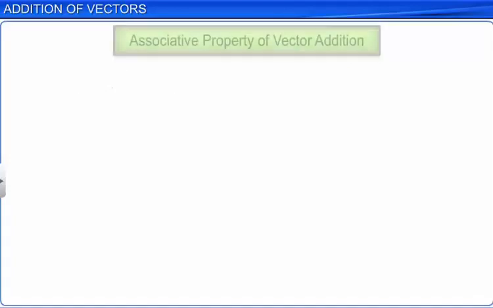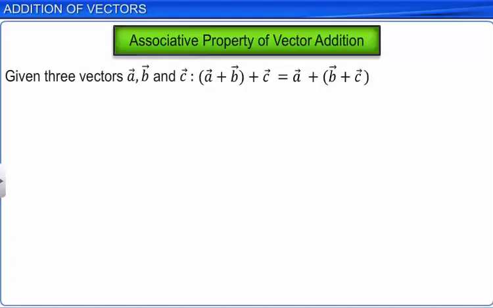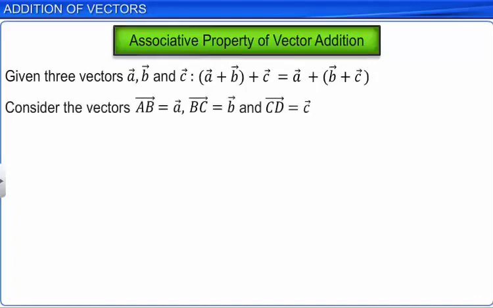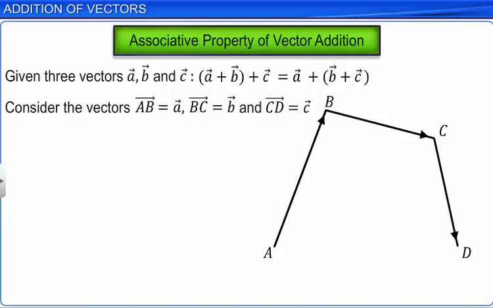Now, let us prove that vector addition is associative. Consider three vectors, AB, BC, and CD, representing vectors A, B, and C respectively.